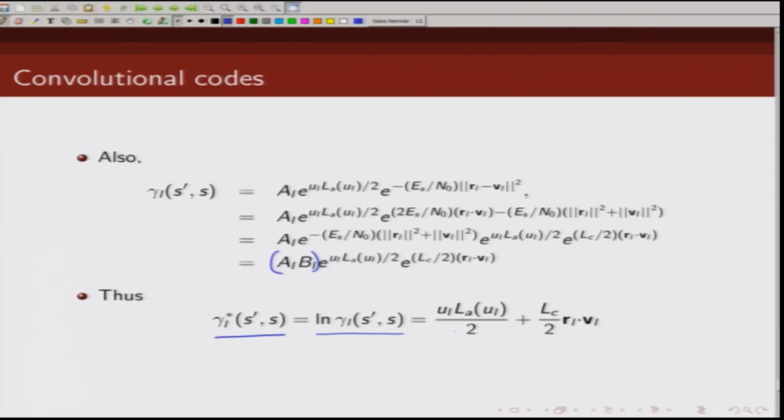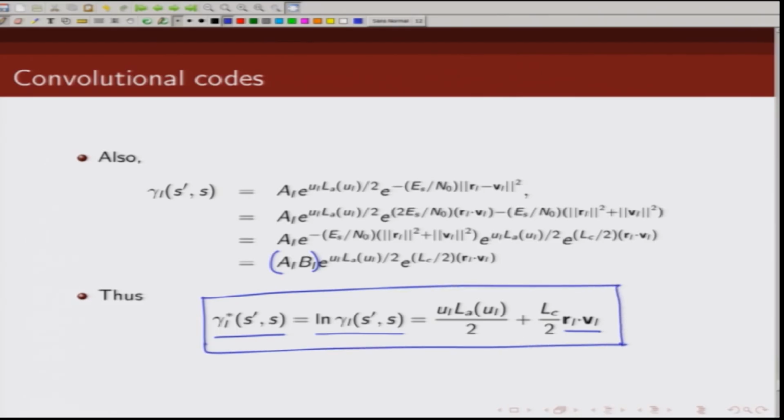So then this will become u_l times the a priori L value by 2 plus L_c by 2 times the dot product between the received sequence and the transmitted code word. So this will be our simplified expression for the branch metric computation for the BCJR algorithm over an additive white Gaussian noise channel. Thank you.